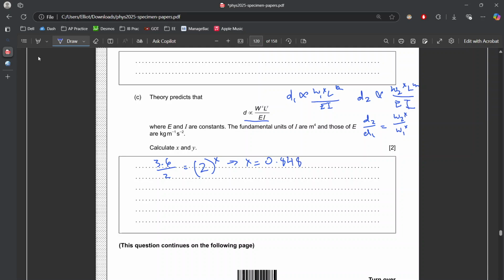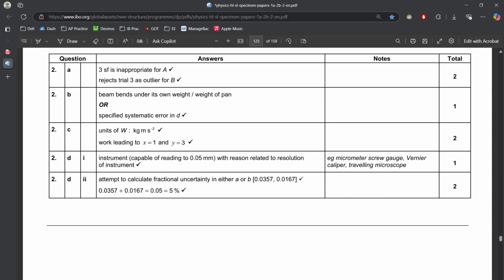It's 799 something, so I'm going to say 0.848. But now I need to figure out what the length to the y, what that y variable is going to be like. I'm not sure, and I don't want to sit here for a while thinking about it.